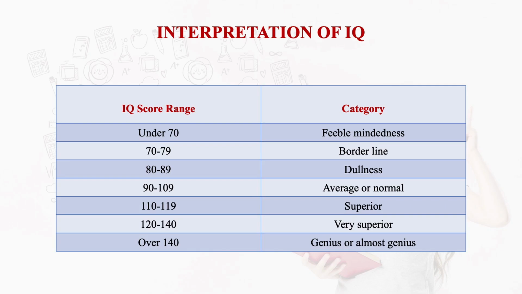If it is 90 to 109, it is in the category of average or normal, and if it is 110 to 119, then it is in the superior category. If it is 120 to 140, then very superior category. If it is over 140, then you can say that the child is genius or almost genius.